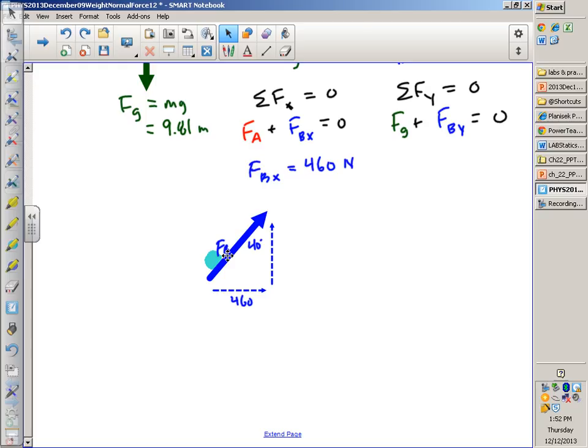And now we have a right triangle where we know one of the sides and we know the angle. So what can we find? If we know one side and one angle, we can find the rest of the triangle, right? All the other parts. In this triangle specifically, which part of the triangle are we looking for? The hypotenuse.